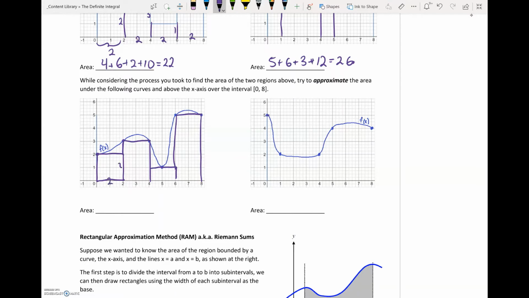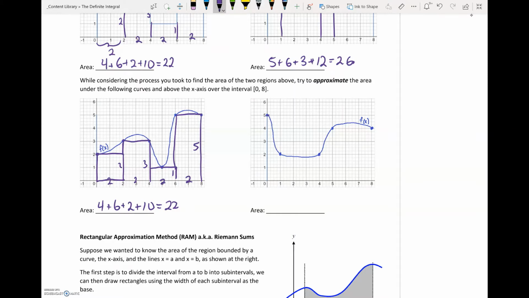That's 2 times 2, which is 4. 2 times 3 is 6. 2 times 1 is 2. And 2 times 5 is 10. So again, if you add this up, that's 22 for our area. And this will be an underestimate for f of x.